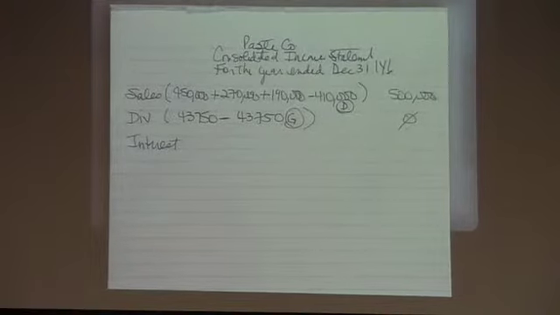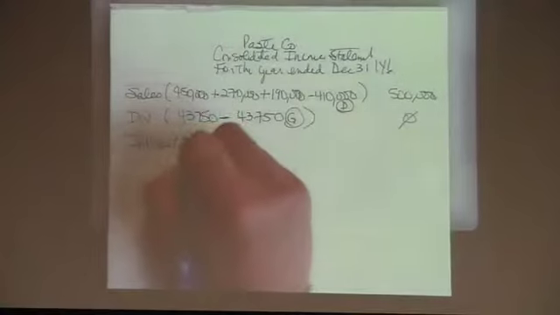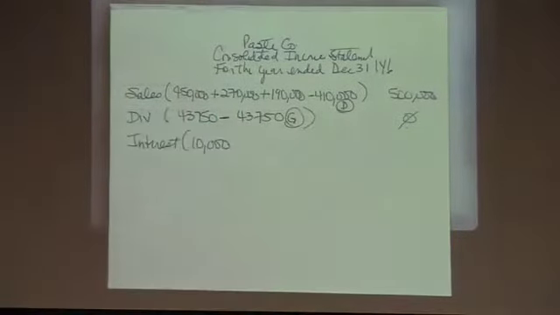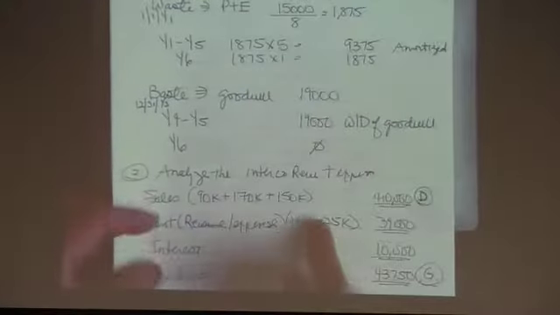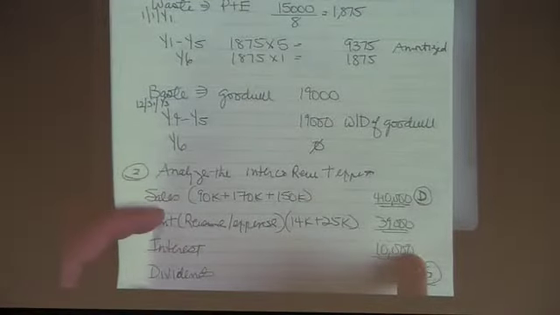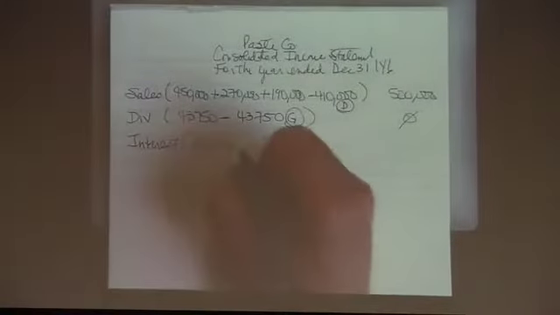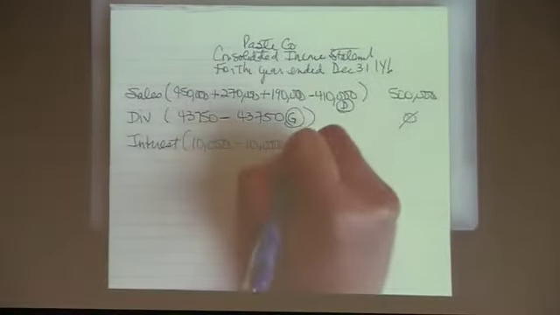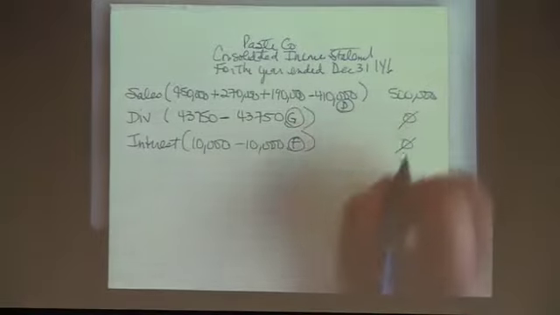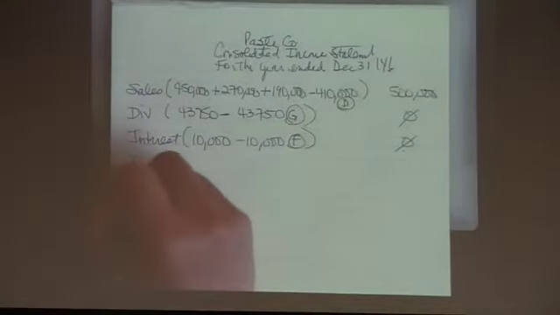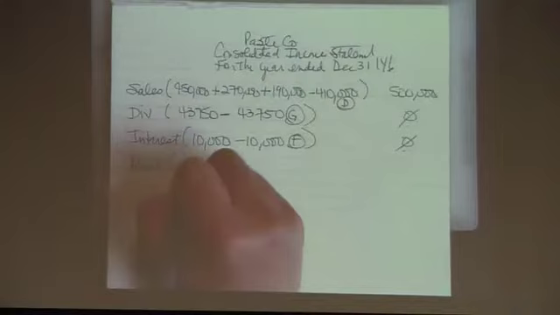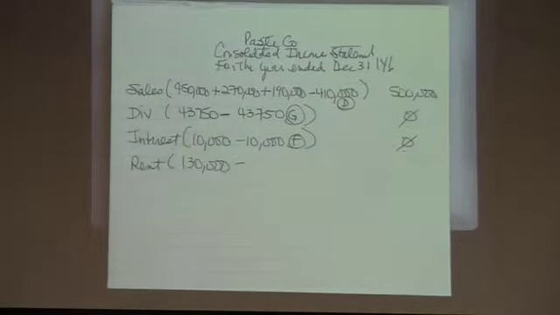So in this case, we'll see that interest, we had 10,000 reported by P, but we know that interest is one of the items we need to eliminate. Let's call that F. So I'm going to take that out, minus 10,000, F. Okay. What about rent? We know we had 130,000, but we're going to take away the 39,000.